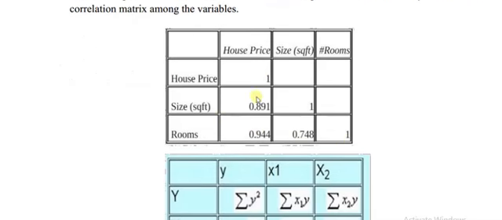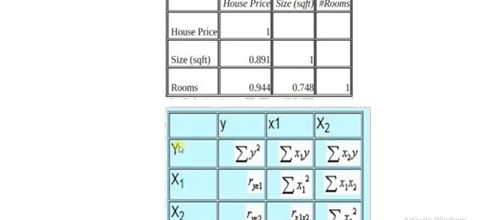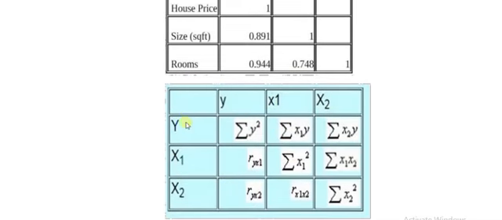So this is the value of the total given data set. How we arrive at this is, we can find the value of y using y square, then summation of x1 into y, then summation of x2 into y, then x1 square, then x1 x2, then x2 square.